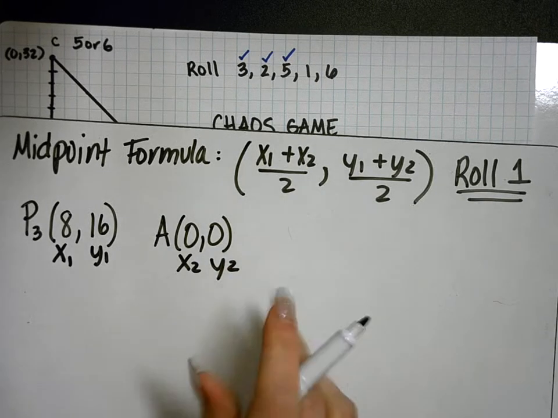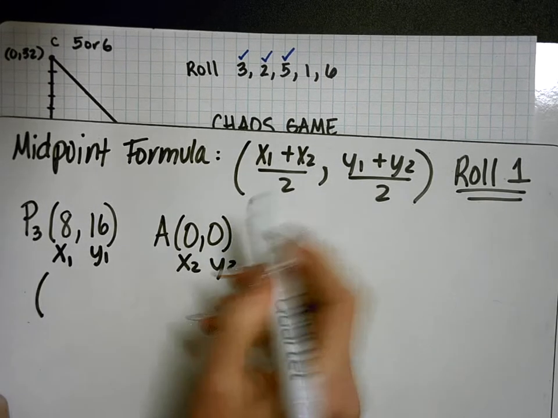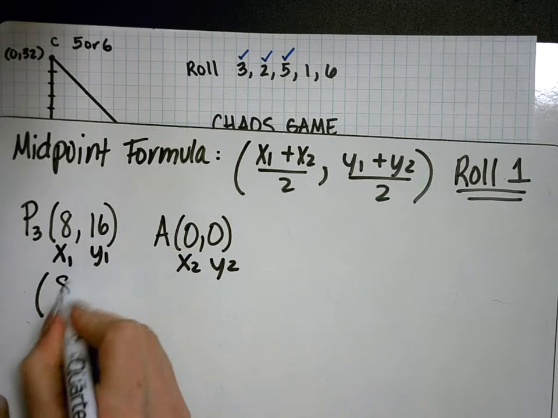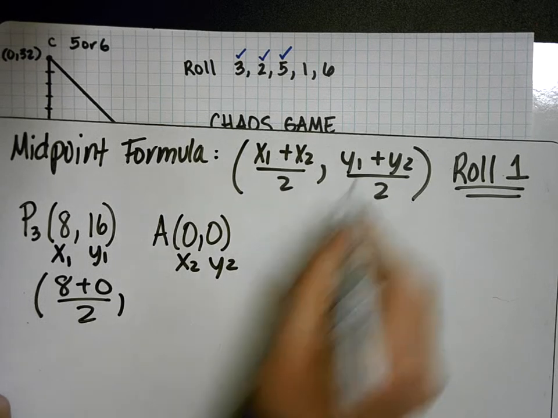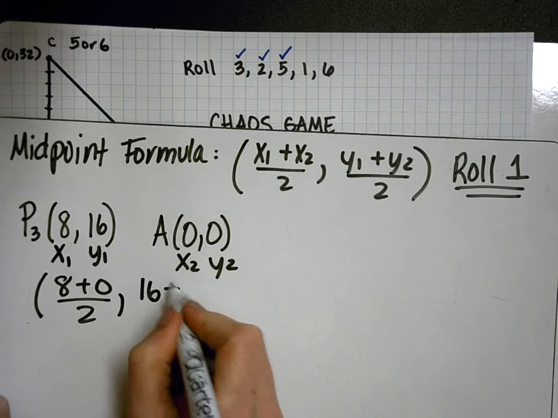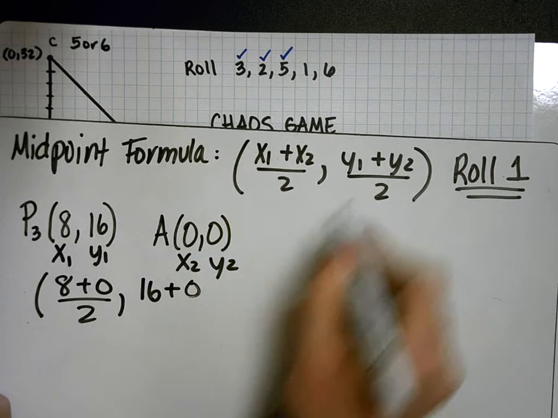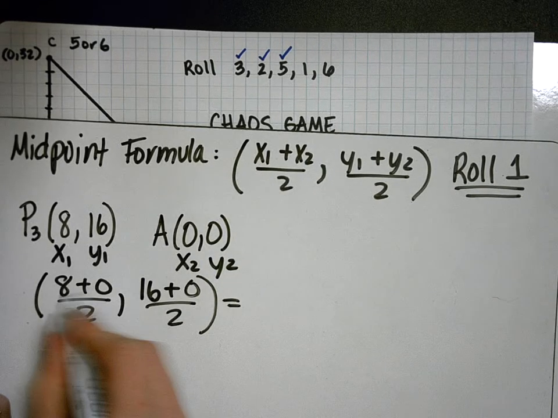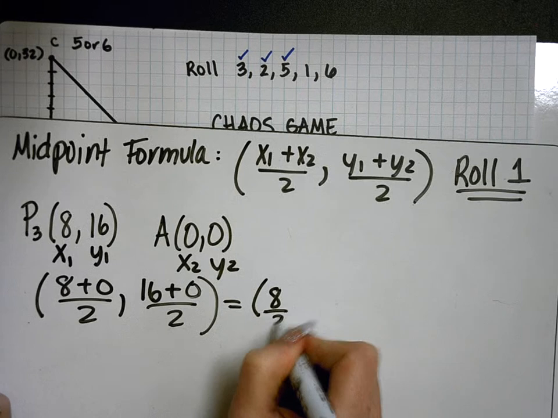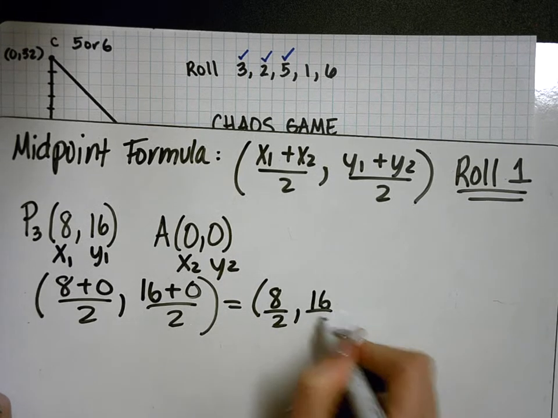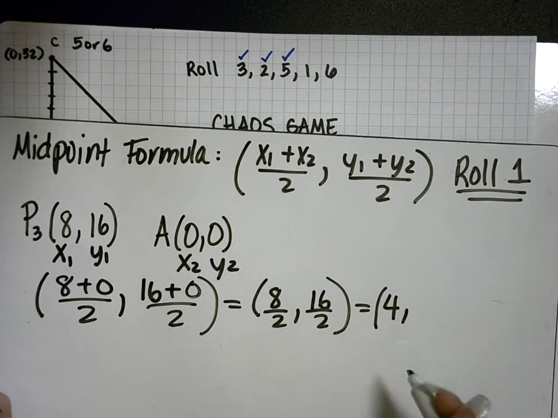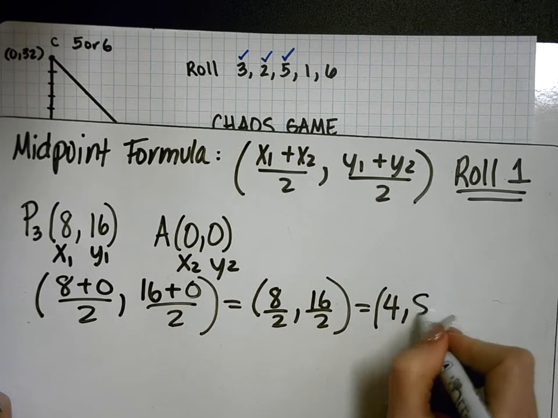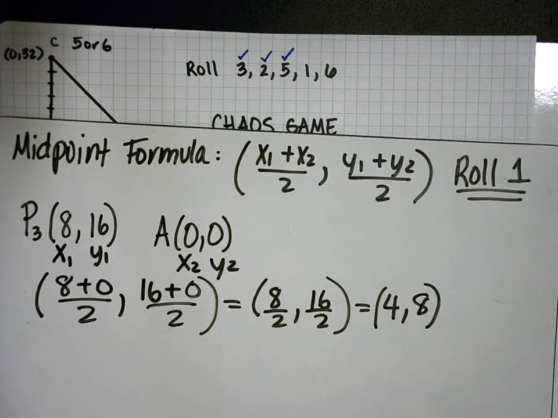And then we're just going to plug them in. Again, you just repeat the same process. So x1 is 8 plus x2 is 0 divided by 2, comma, y1 is 16 plus y2 is 0 divided by 2. I end up with 8 plus 0 is 8 divided by 2, 16 plus 0 is 16 divided by 2. 8 divided by 2 is 4. 16 divided by 2 is 8. So this is my fourth point, 4, 8.